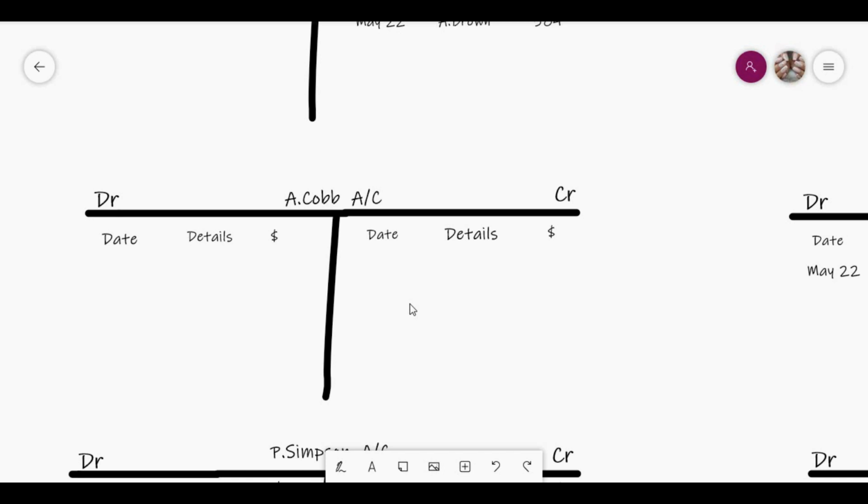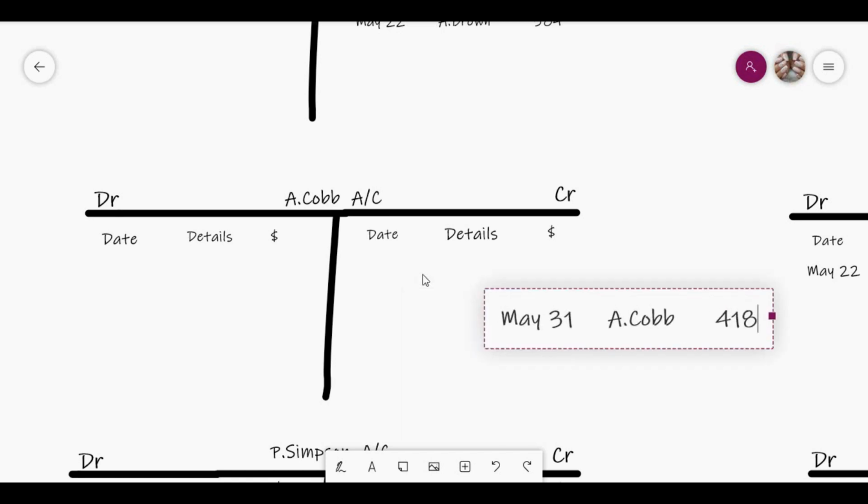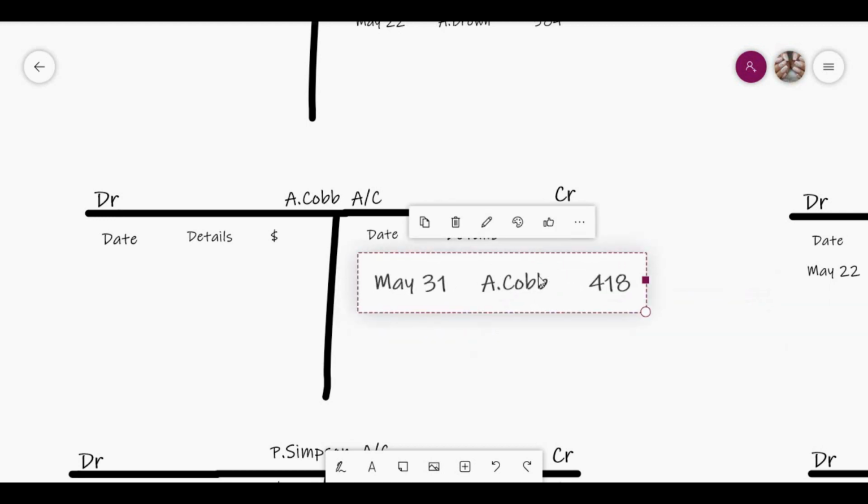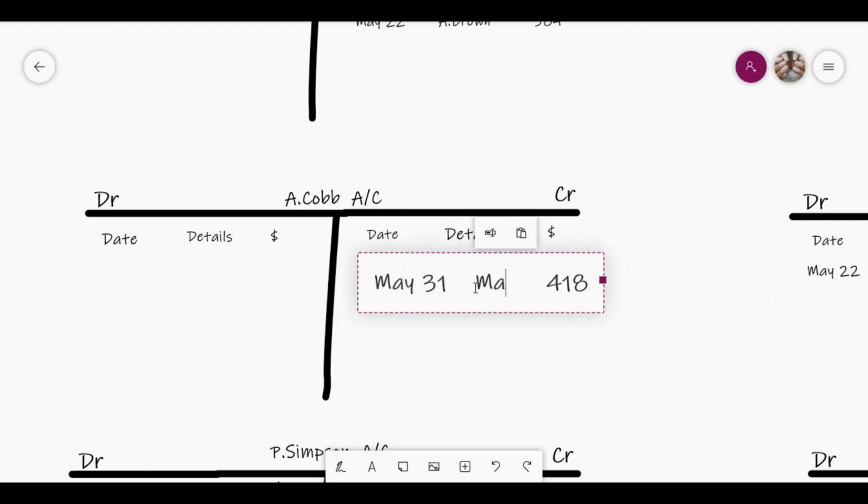May 31st, details should be machinery and the amount $418. So the video in which we balance off these accounts is already posted. By the time you're watching this video, it will be already uploaded.